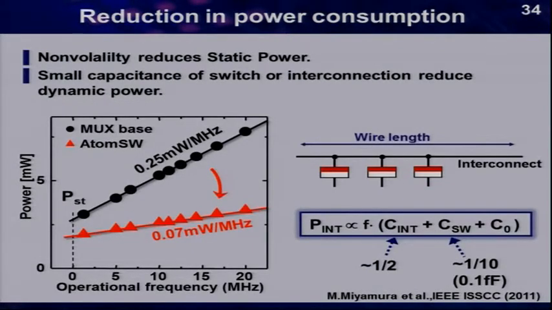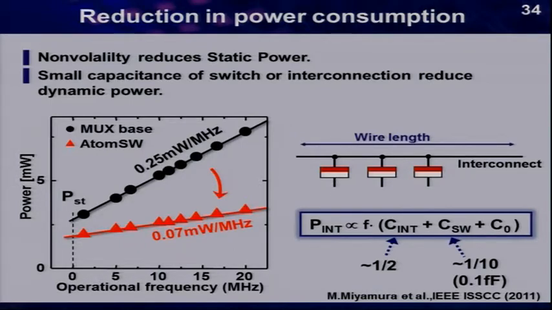Here shows the measured power consumption. This graph shows the power consumption versus operational frequency. Static power is smaller than the reference chip, and the dynamic power is evaluated from the slope of the plot.